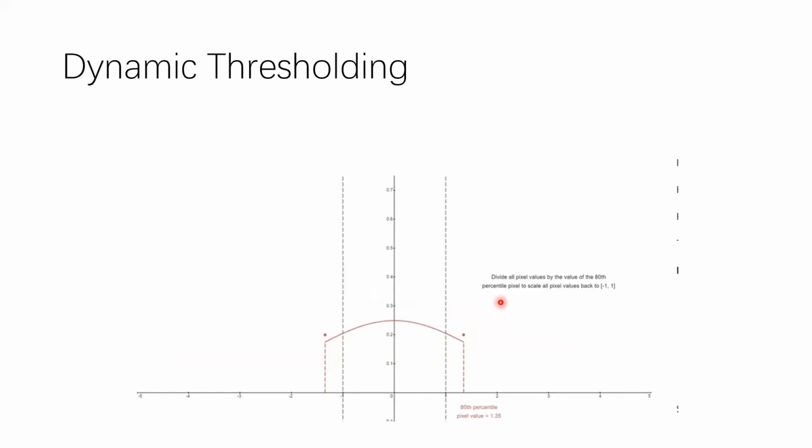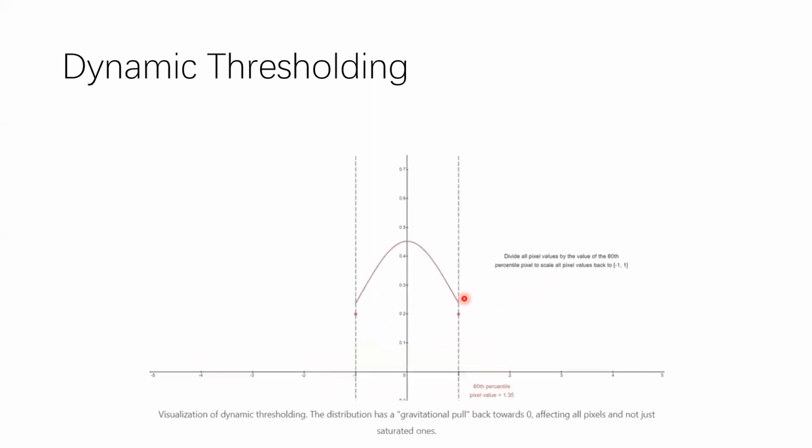And then you divide all pixel values by the value of that percentile pixel, which is 1.35, to scale all the pixel values back to -1 and 1. So the resulting distribution will look like this. That's basically the visualization of dynamic thresholding.